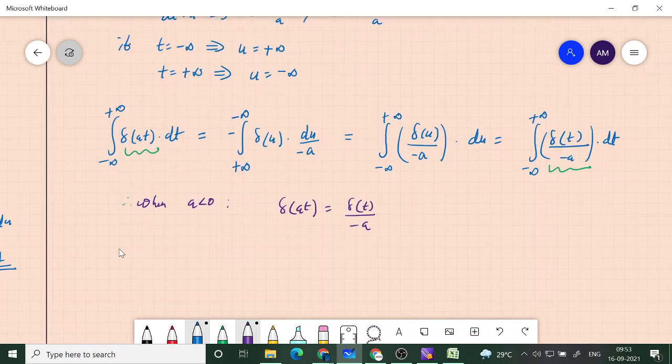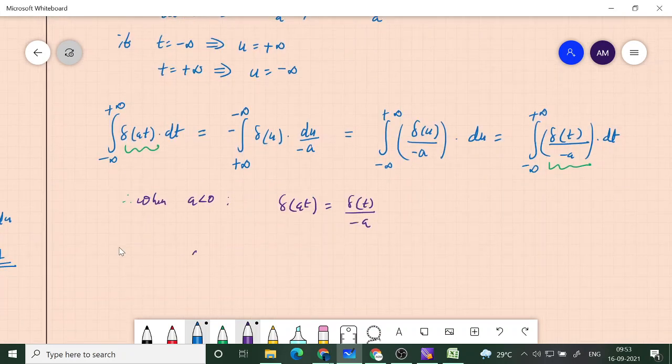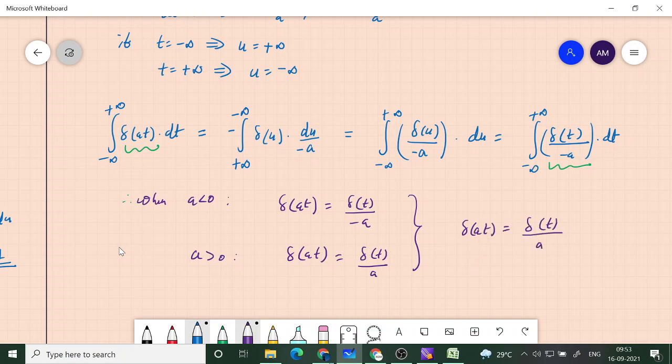And similarly, if I put together the previous result, that is when a is positive, delta of at is equal to delta of t divided by a. Now if I combine these two parts of the result into a single result, then in general, whether a is positive or negative, delta of at is equal to delta of t divided by modulus a, because modulus a will take care of the sign.